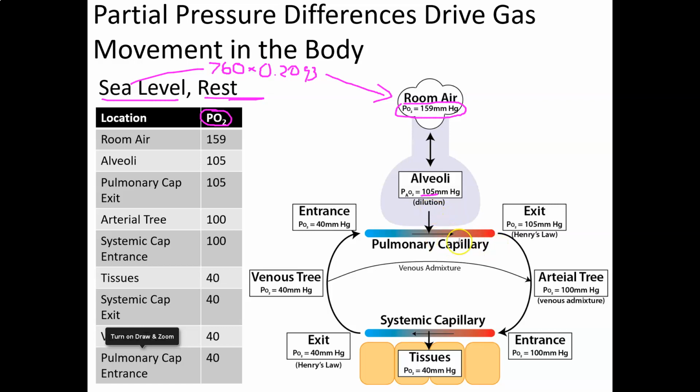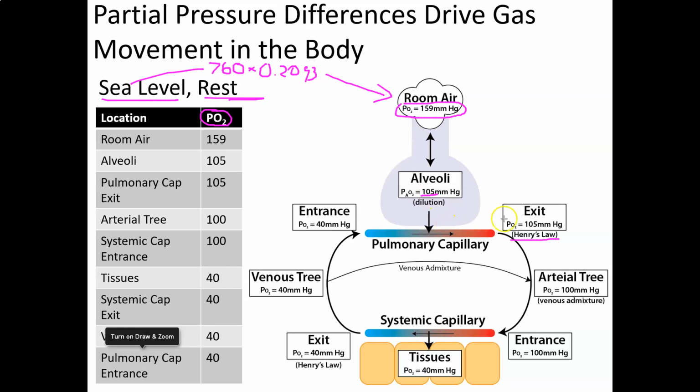So once blood comes out of the pulmonary capillaries, because of Henry's law, we get the partial pressure of oxygen at 105. So again, if the alveolar oxygen was 130, it would come out at 130. If it was 70, it would come out at 70. So it just really depends on what the partial pressure in the alveoli is.